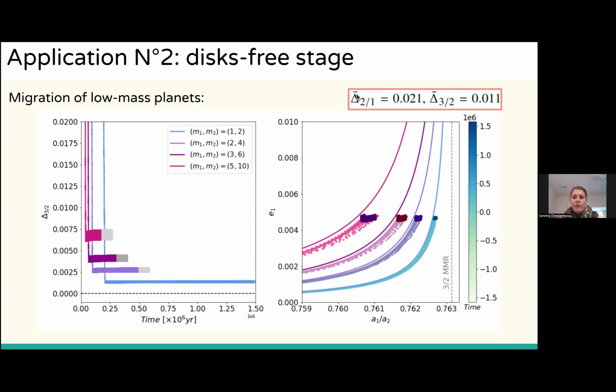And here I show you the mean value in the observation. I'm showing you the 3 to 2 mean motion resonance, and you see that the offset is 0.007 for the bigger masses, which is an order of magnitude lower than the observed value.